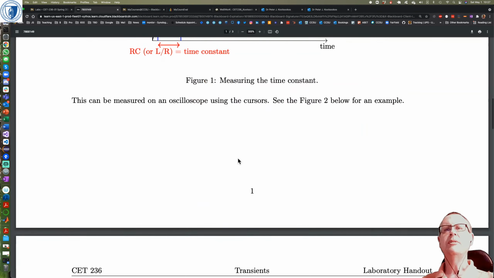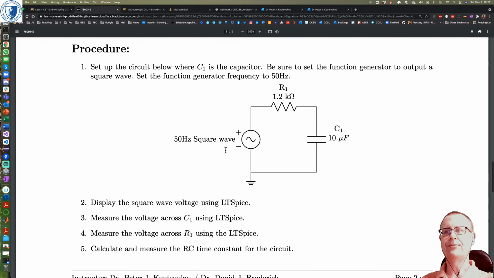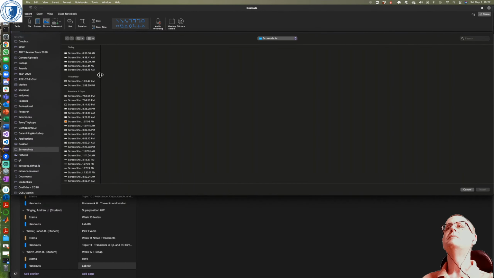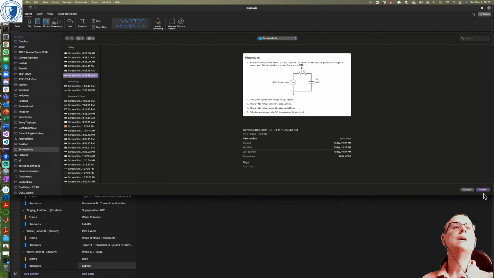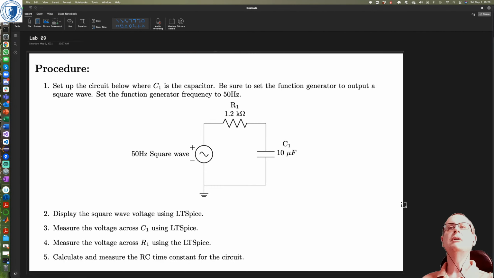So if you have a look at the voltage source we're going to use, let me grab that and make a new lab 9. And insert that. Make it a bit bigger so we can read it.